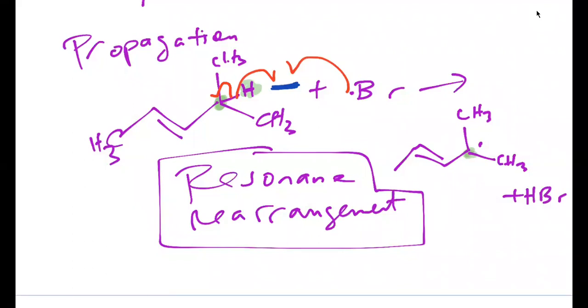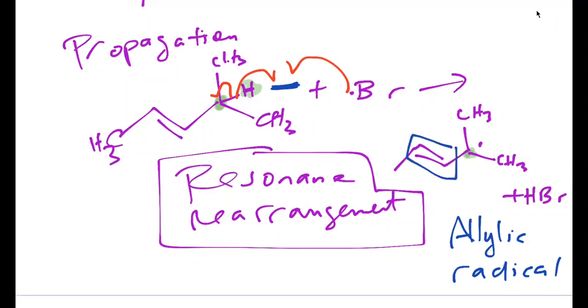So this is what we call an allylic radical. Here's the donor acceptor unit. The alkene right here is right next door to this carbon that has a radical, that has one unpaired electron on it.